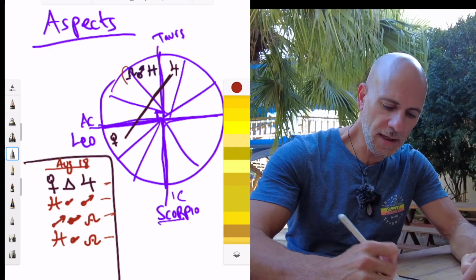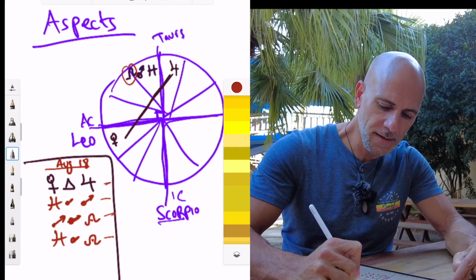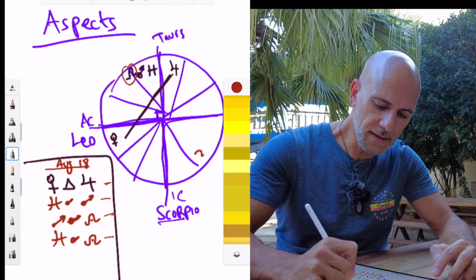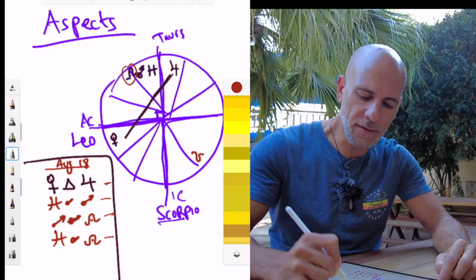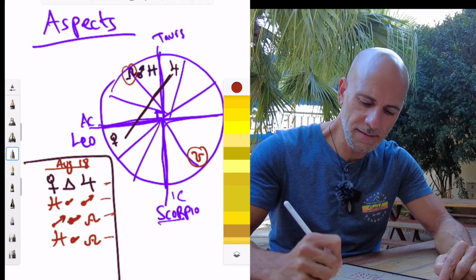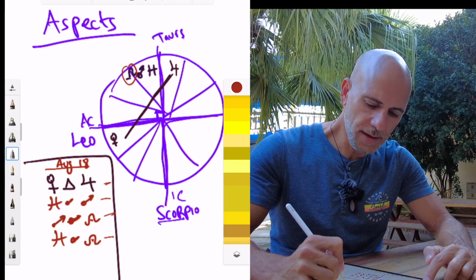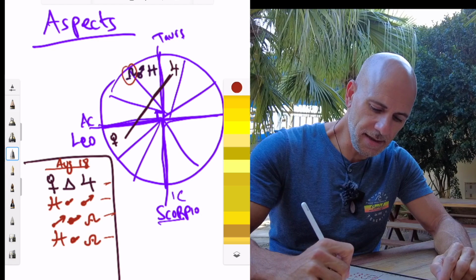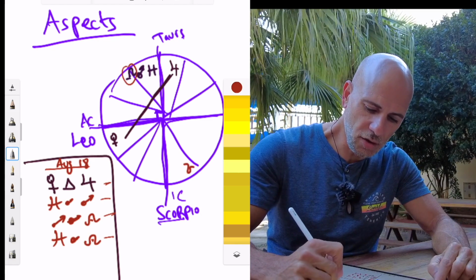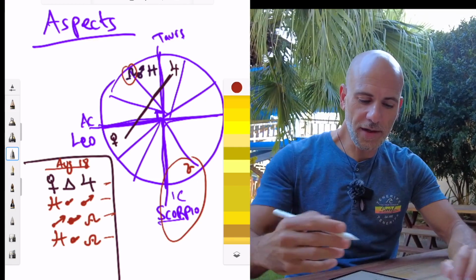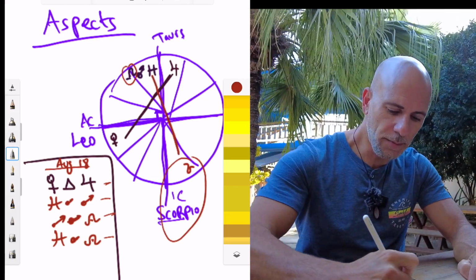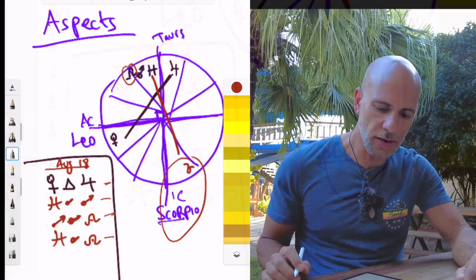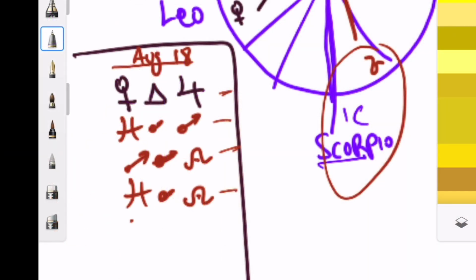If the North Node is here, we also could say that this is the South Node here, and the South Node is here in Scorpio. So we also can say that Uranus is opposing the South Node in Scorpio. We could also write Uranus opposing the South Node. It's another important indication.